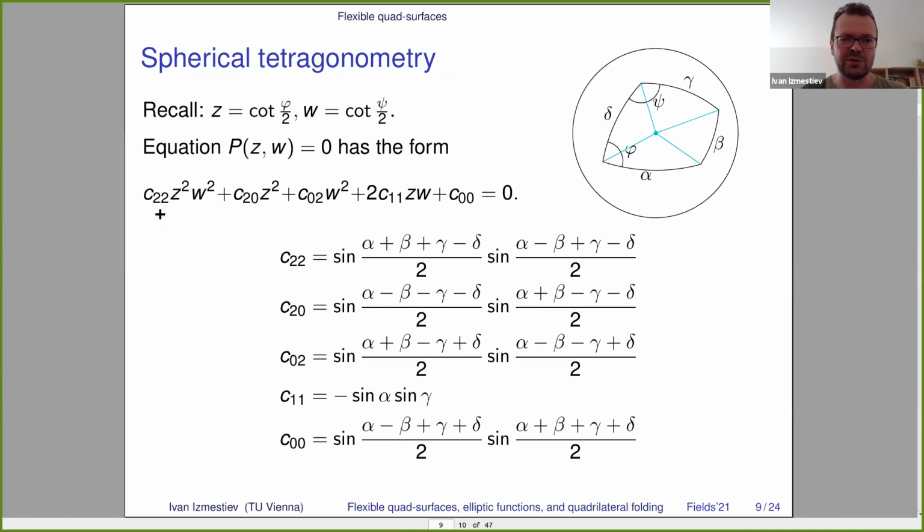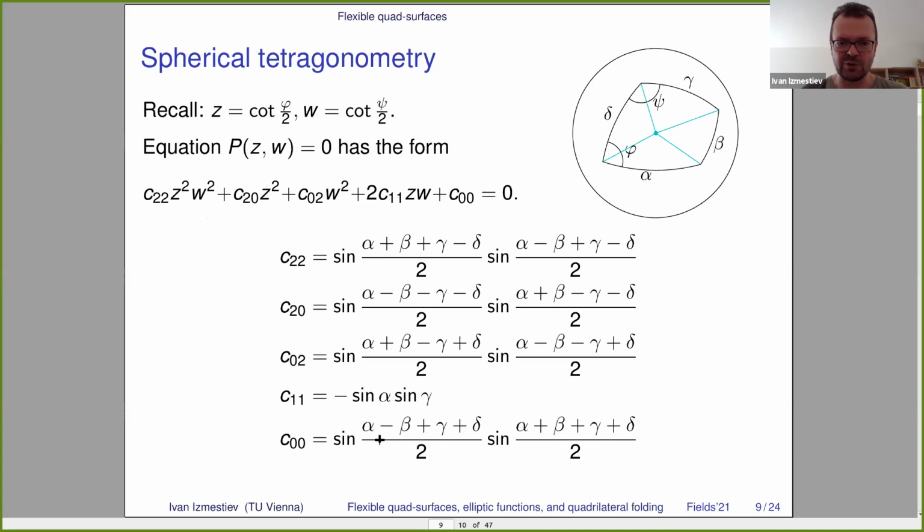Each of these polynomials is a polynomial of degree 4, but where both z and w enter only in second degree. Also, there are not all terms. There is no z squared w, for example. So that's quite nice looking equation. The coefficients of that equation can be expressed in terms of the side lengths by these nice formulas.